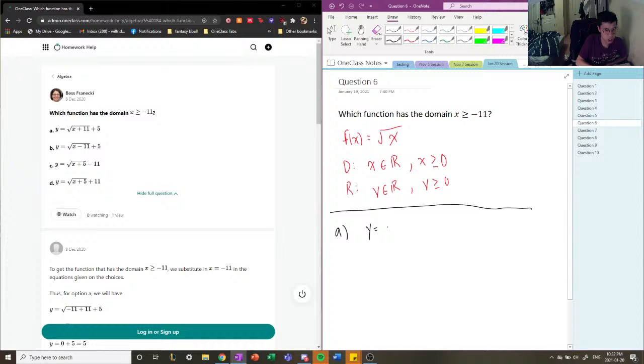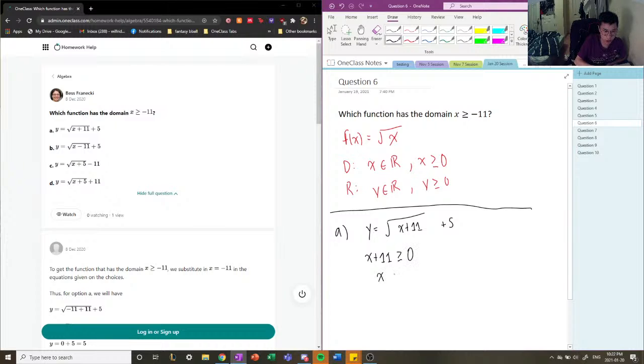So our first function is y equals the square root of x plus 11, plus 5. We don't need to worry about this constant plus 5 out here. We just need to worry about what's inside the brackets. So what are the values that will make x plus 11 greater than or equal to 0?